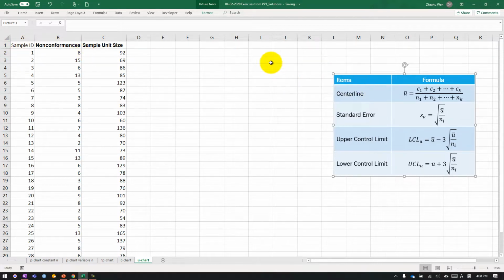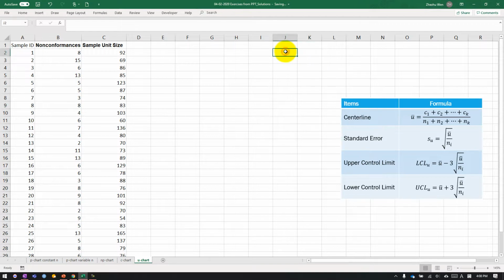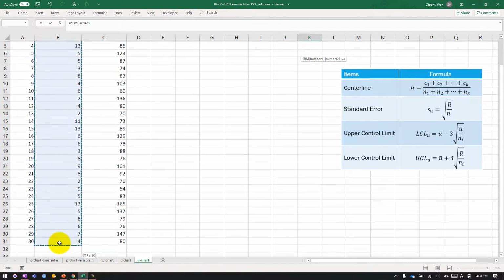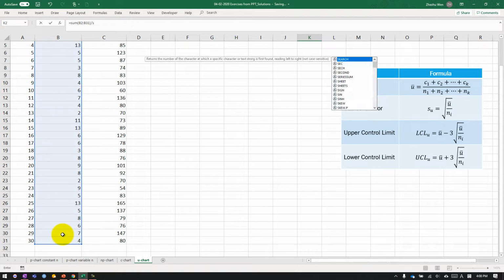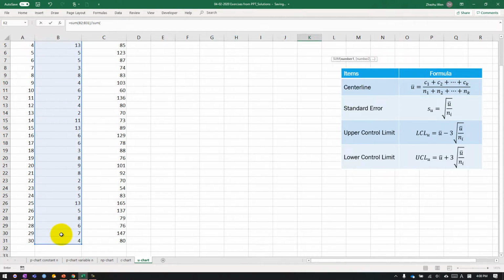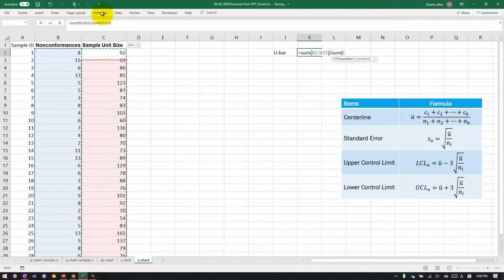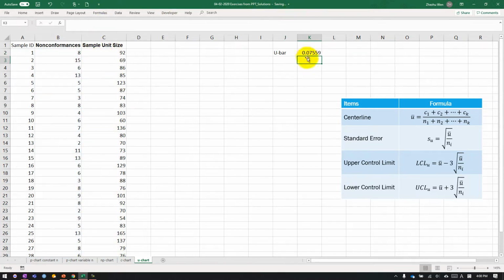But before that, let's calculate the center line first. U bar is going to be the sum of all the nonconformances divided by the sum of all the sample sizes or sample opportunities.